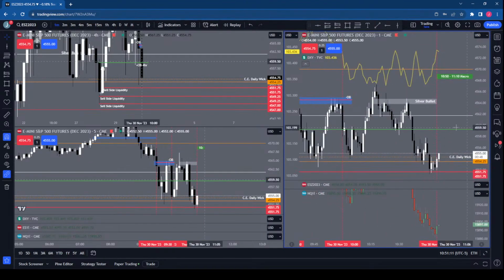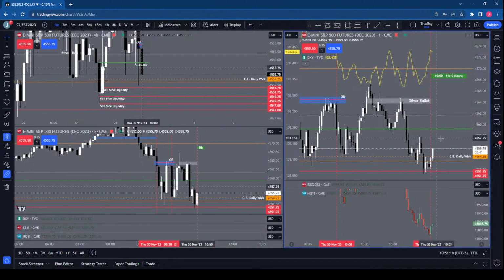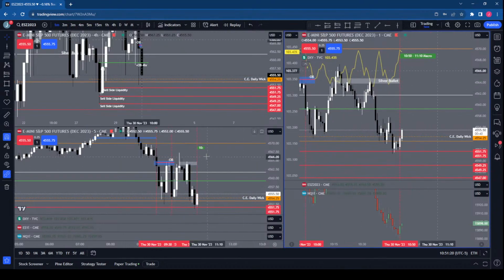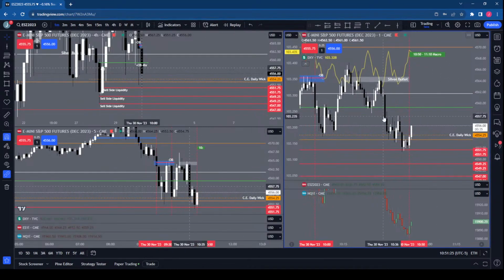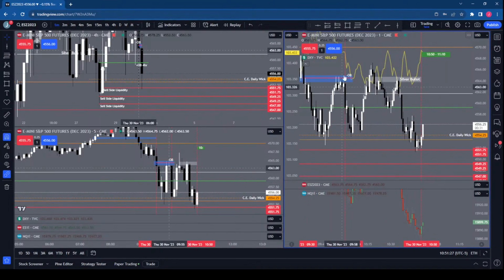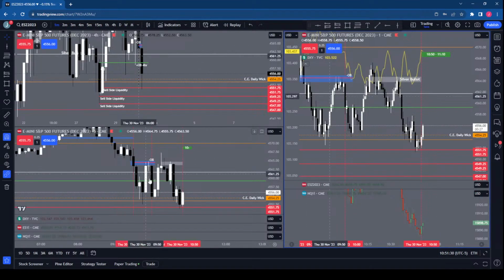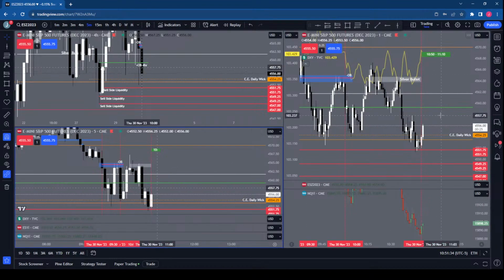That was the silver bullet to the downside. But if I waited for that 5-minute candle to close, and I saw it close like that, I would have hesitated to go long. That's the hard part, and it was consolidating on the 5-minute.